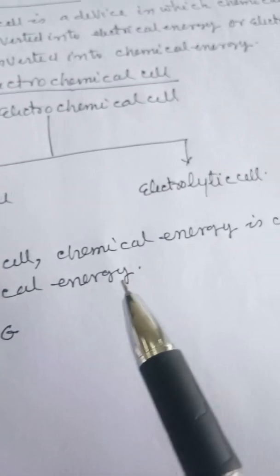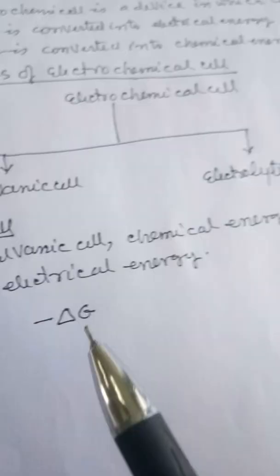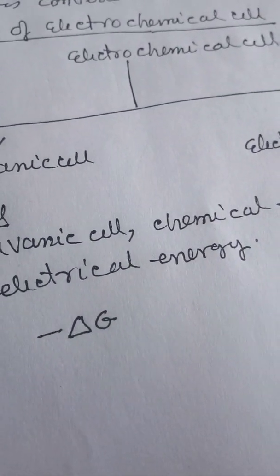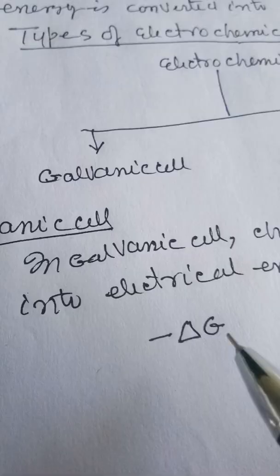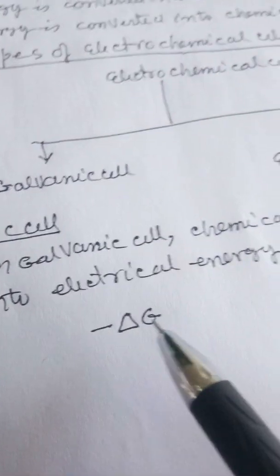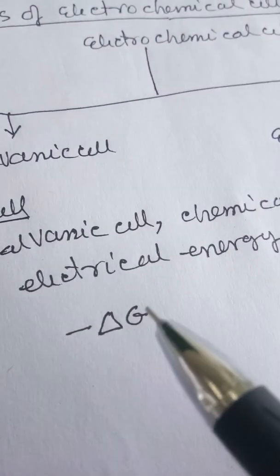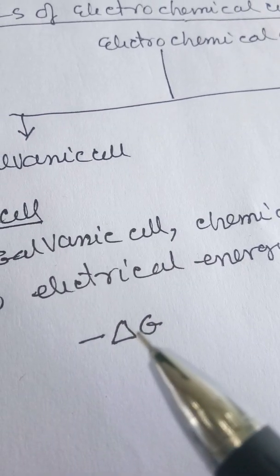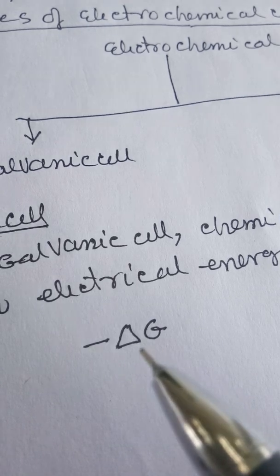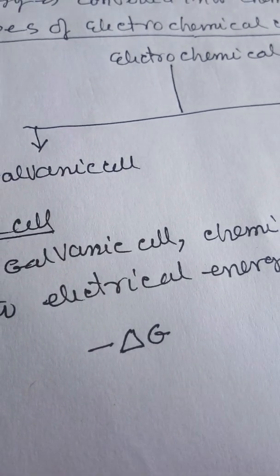So in a galvanic cell, chemical energy changes into electrical energy. Here I have shown the minus delta G, which is the free energy change, and the decrease of the free energy change represents the feasibility of the chemical reaction.